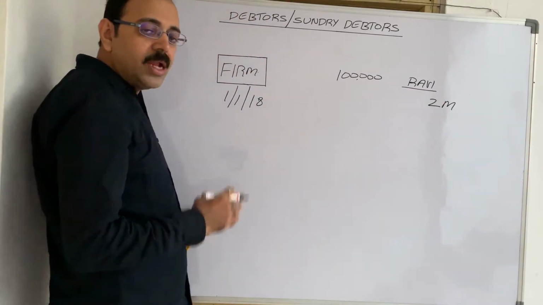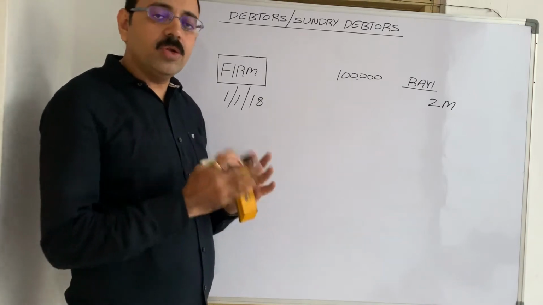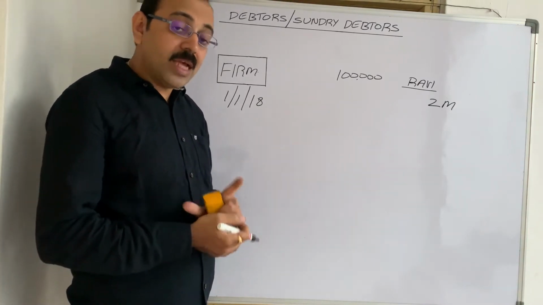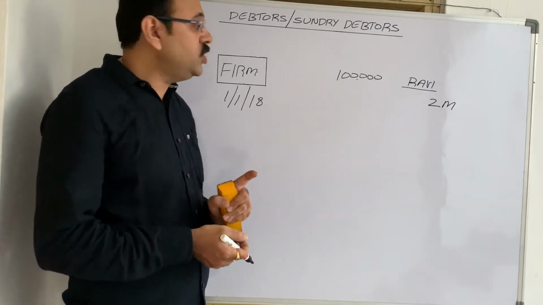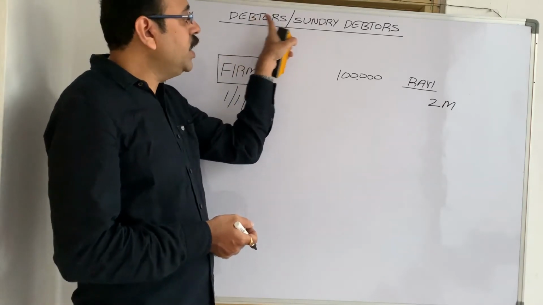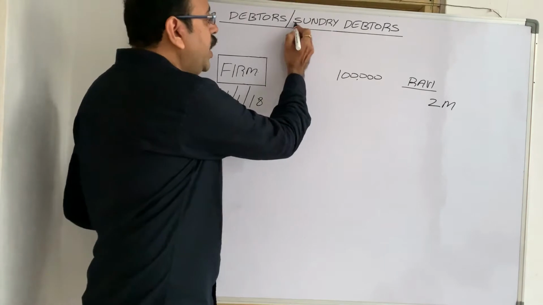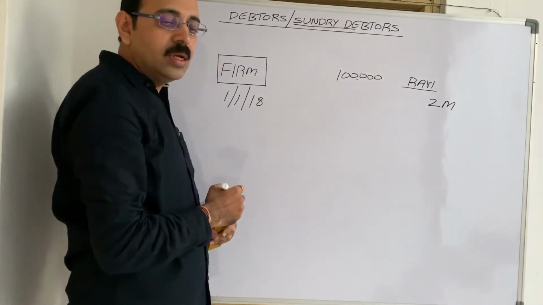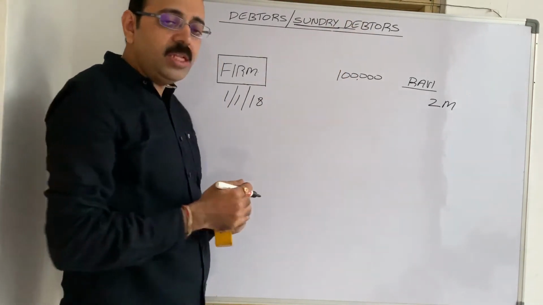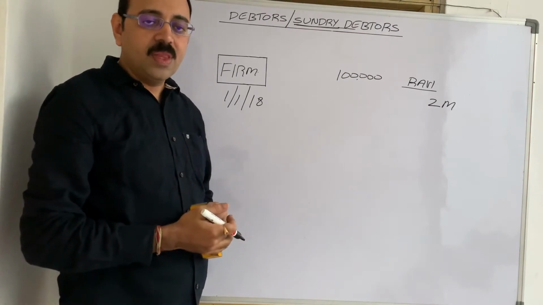Clear? In the balance sheet, on the asset side, we have to show this amount. And sometimes in the trial balance, instead of the word debtor, they may give the word sundry debtor. Then what is meant by sundry debtors? Sundry means various.